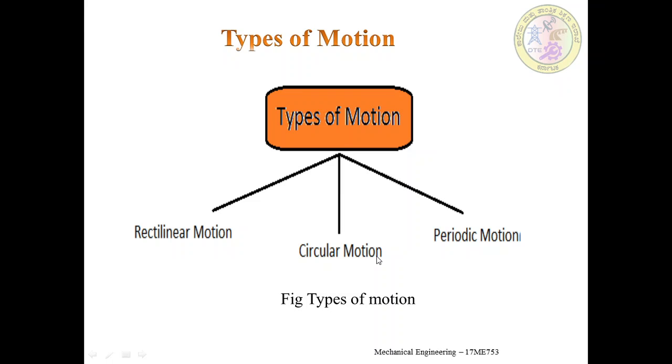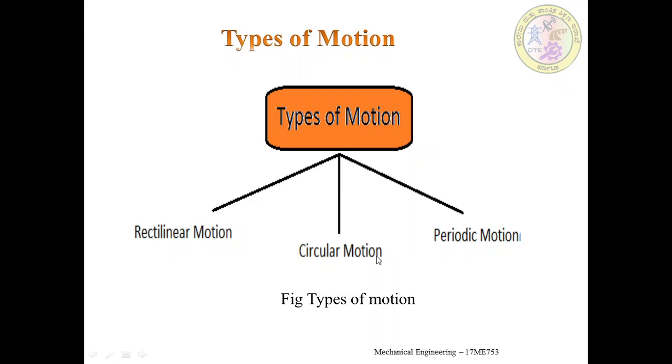It is the circular movement of the fan that results in cool air. Some more examples of circular motion are the motion of a Ferris wheel, a satellite, and rotation of planets around the sun.